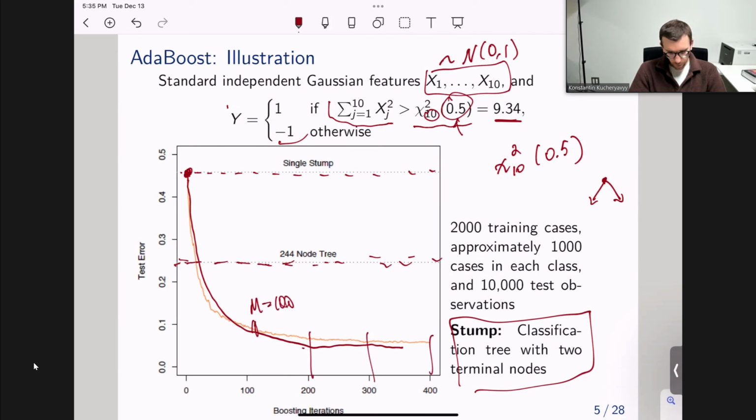Each time we apply a single stump, but we keep applying these iterations of the AdaBoost algorithm, and you see that it really outperforms the large tree; we get a much smaller error on the test data set.